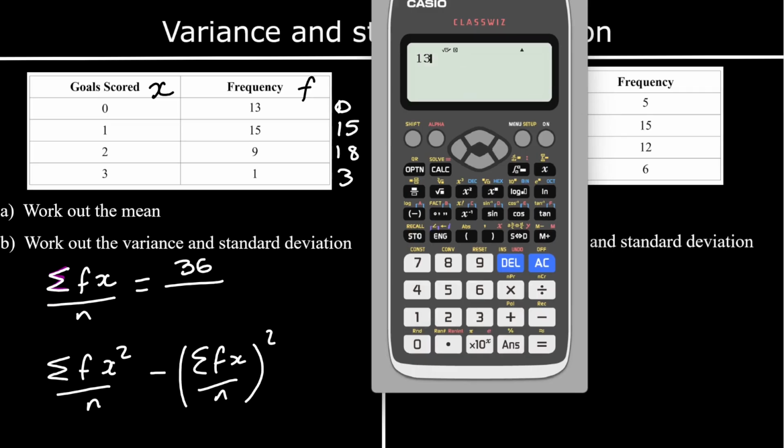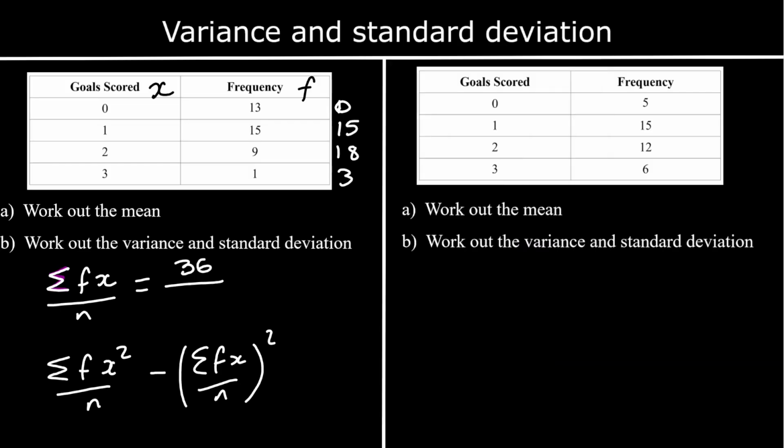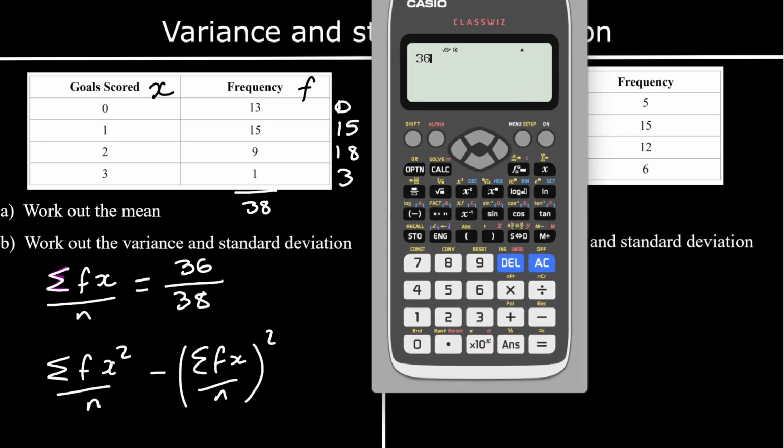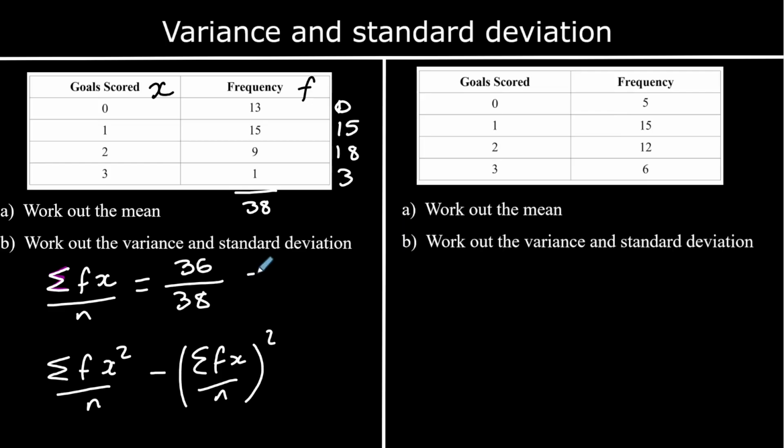There were 13 plus 15 plus 9 plus 1, 38 games. So it's 36 over 38. And that is 0.947. That's the mean number of goals.